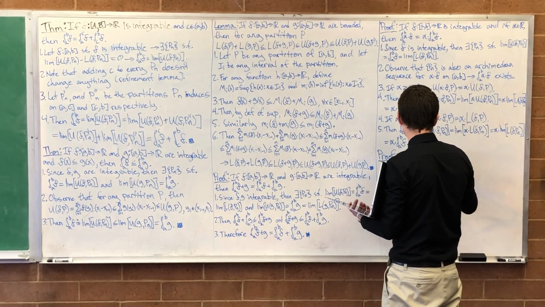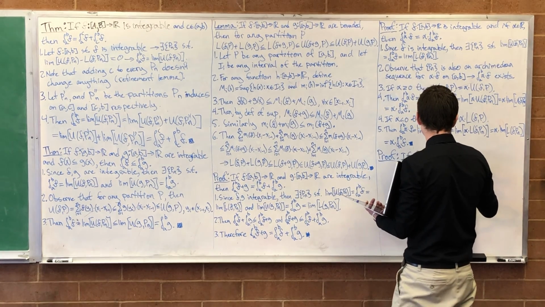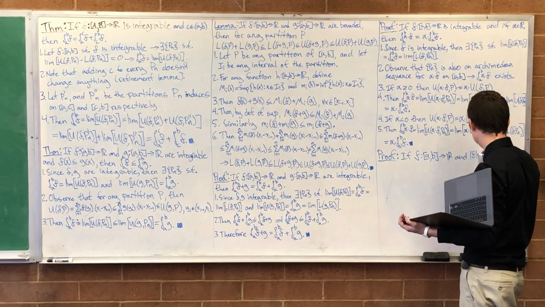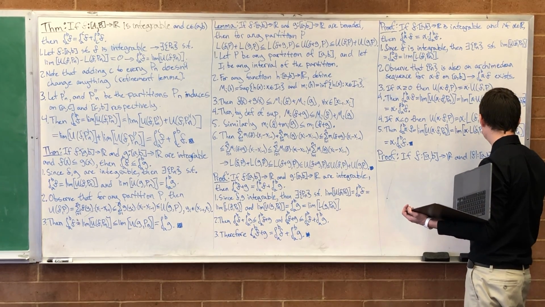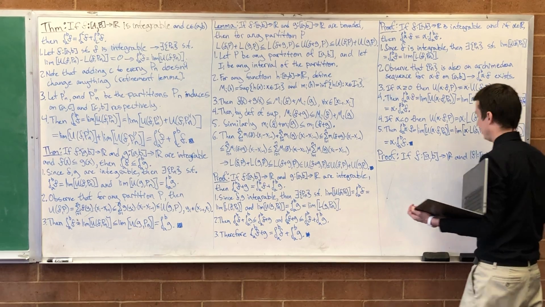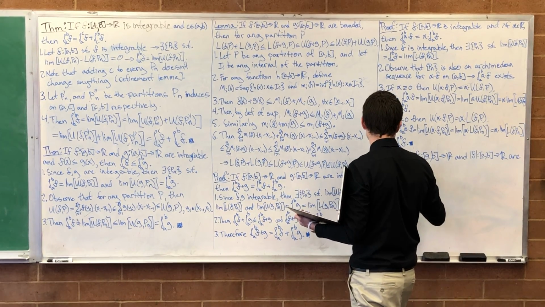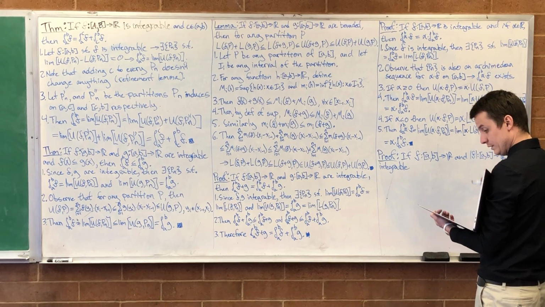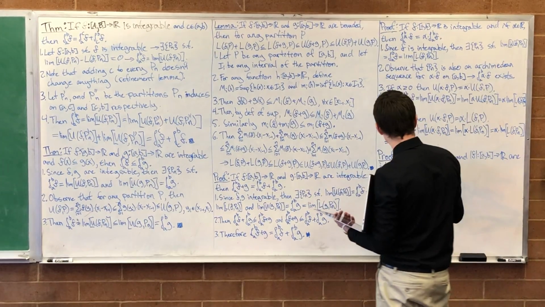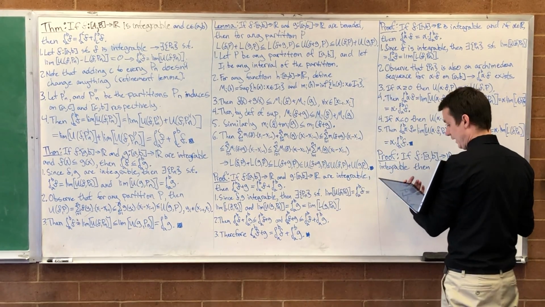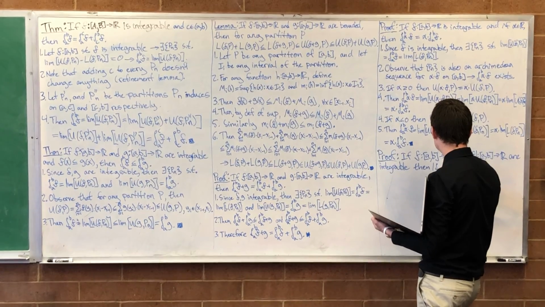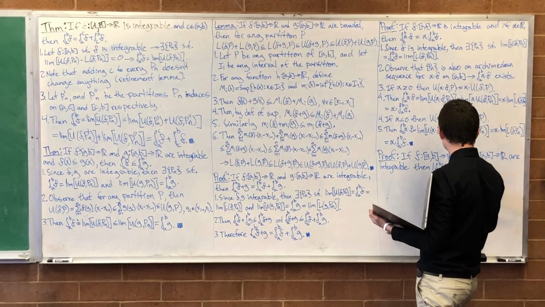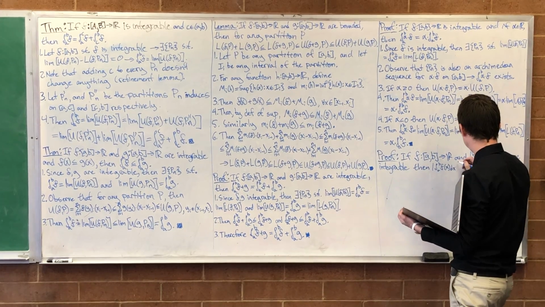If f from [a,b] to R, and the absolute value of f from [a,b] to R are equal, then the absolute value of the integral from a to b of f(x) dx, maybe I'll use Leibniz notation like they do, just to reintroduce the notation.